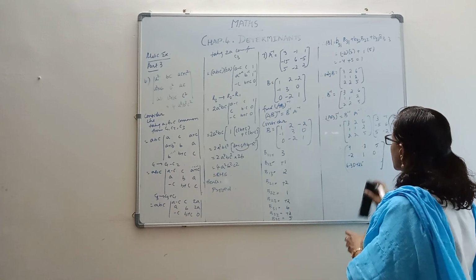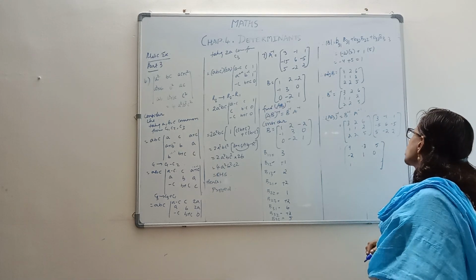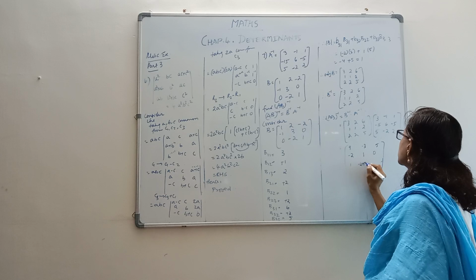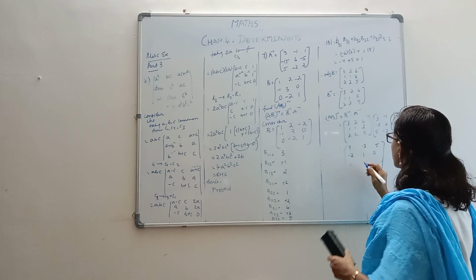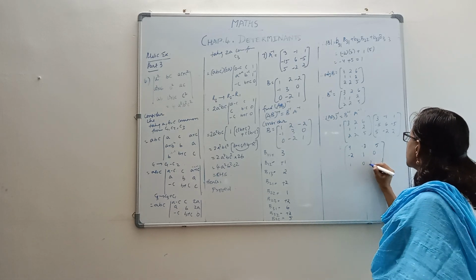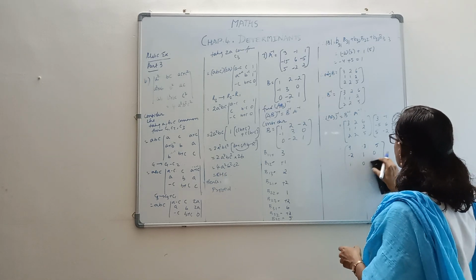So this is 31 minus 30, net effect it is 1. Minus 2 plus 12 minus 10. So it's minus 12 plus 12, entry is 0. Then it is 2 minus 10 plus 10. Again, minus 10 plus 10, entry is 2.